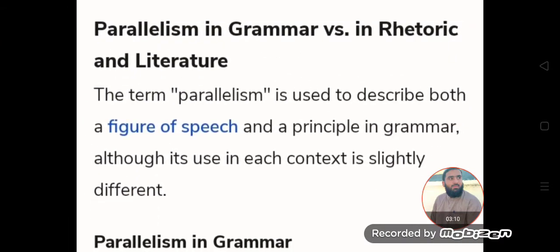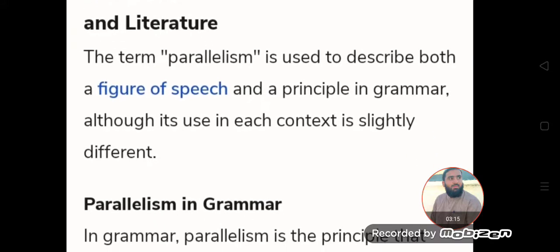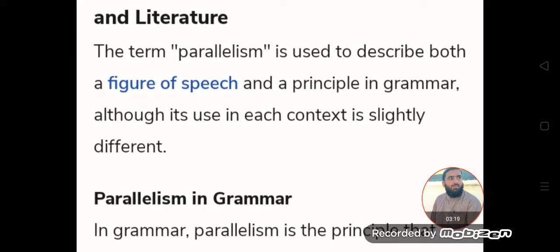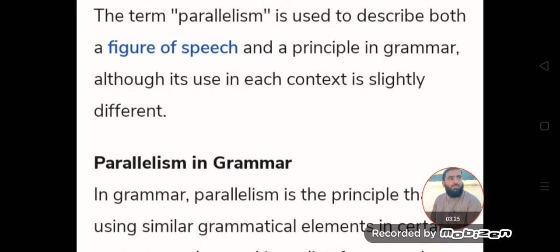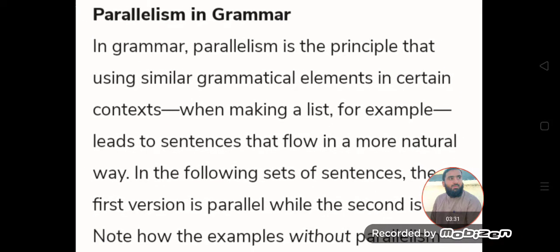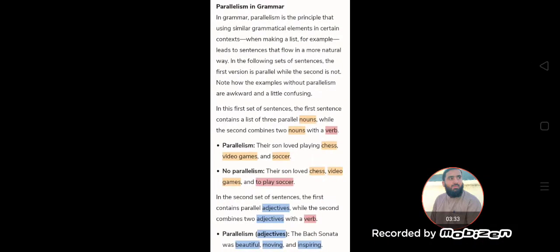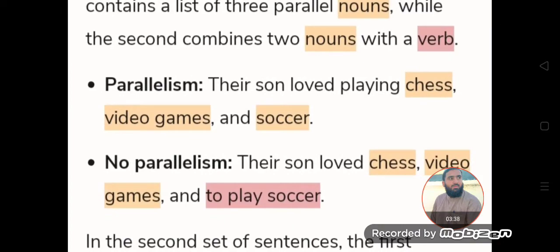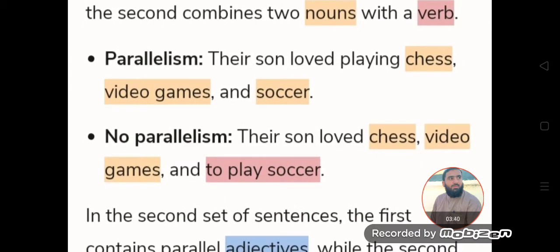Parallelism is also used in rhetoric, speech, and literature. The term parallelism is used to describe both a figure of speech and a principle in grammar, although its usage in each context is very different in nature. These are examples of parallelism in grammar.